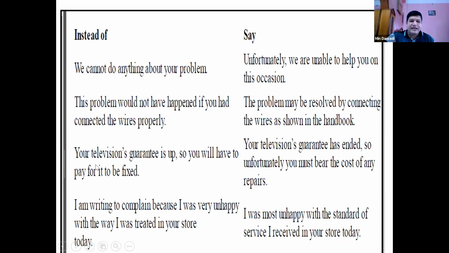Your television's guarantee is up, so you will have to pay for it to be fixed. Instead, you can say your television's guarantee has ended, so unfortunately you must bear the cost of any repairs. Another: I am writing to complain because I was very unhappy with the way I was treated in your store today.